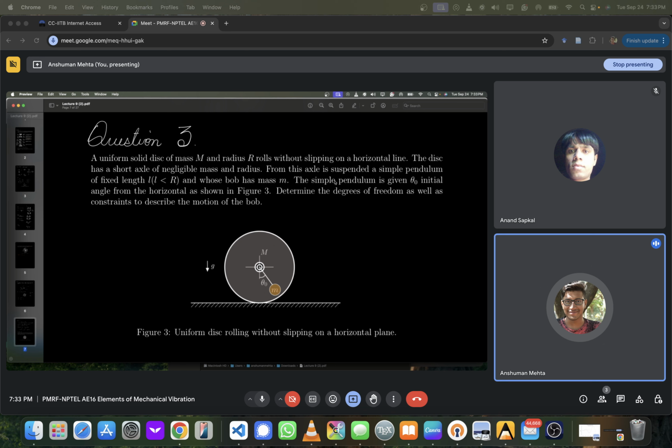Now this disc has a short axle of negligible mass and radius, and from this axle is suspended a simple pendulum. So there is a pendulum on a very large wheel, and the length of this pendulum is less than the radius of this disc. Determine the degree of freedom as well as constraint to describe the motion of the ball.